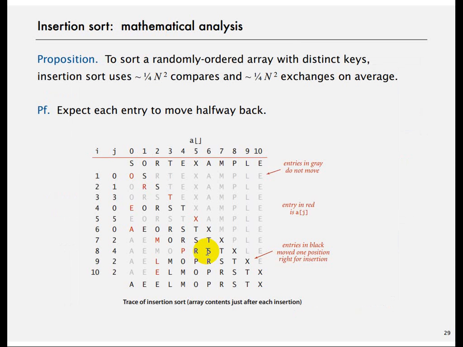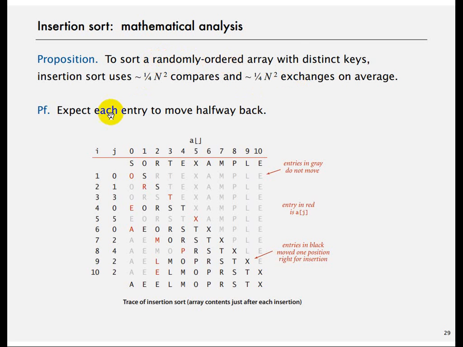Okay, now this is the mathematical analysis. To sort a randomly ordered array with distinct keys, insertion sort uses 1/4 n square compares and 1/4 n square exchanges on average. Okay, so this is interesting. On average, and now this is random analysis of random algorithms. So let's take a look at how you analyze that.